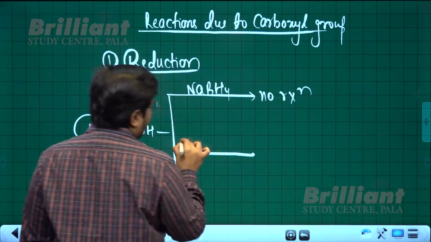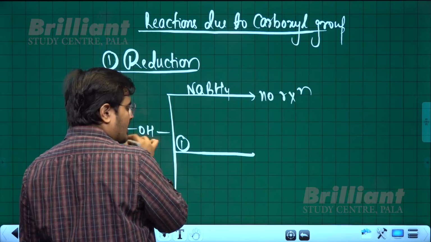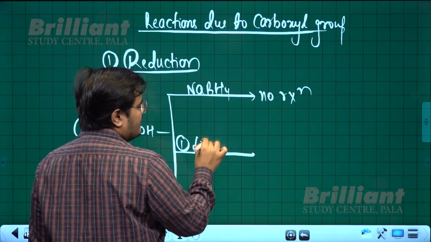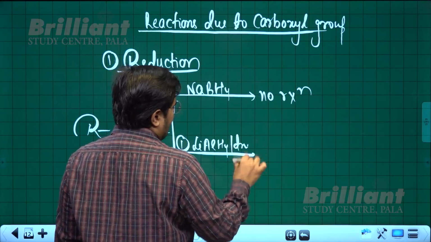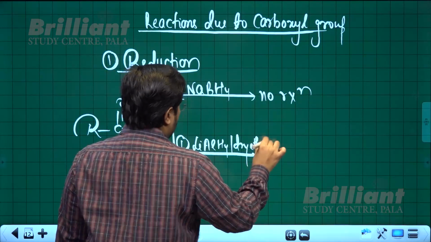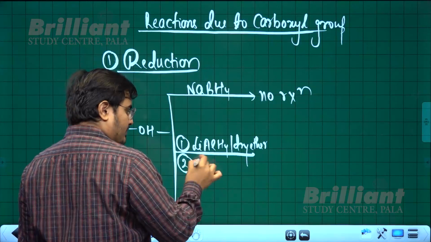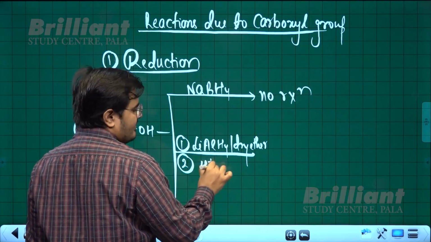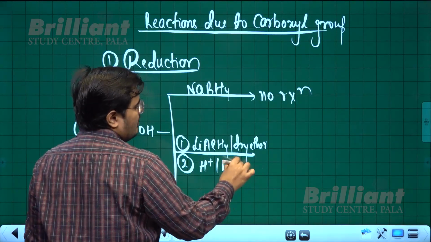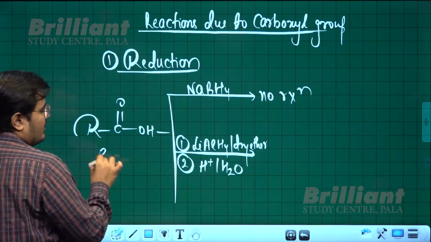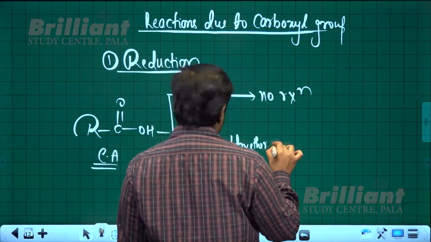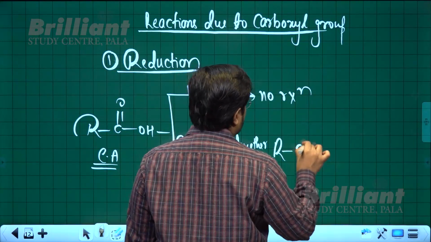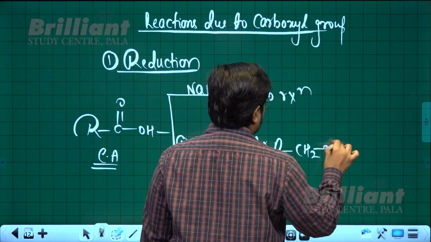Whereas treatment of carboxylic acid with lithium aluminium hydride, which is taken in dry ether, followed by acidification, will convert carboxylic acids into primary alcohols, CH2OH.